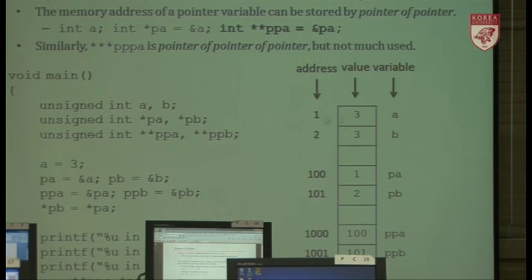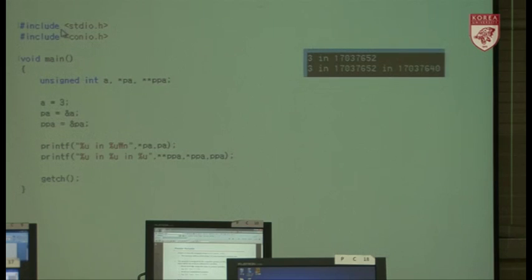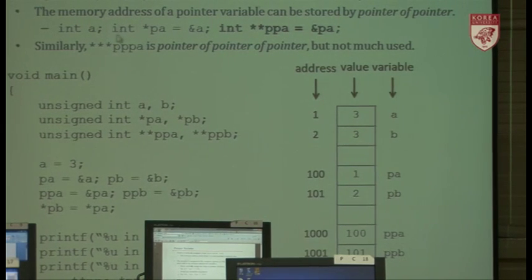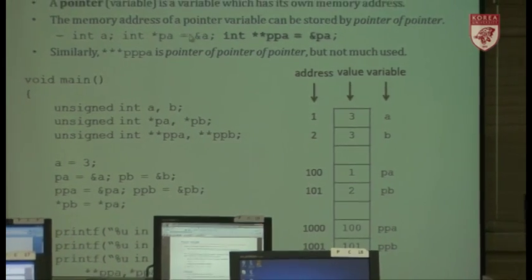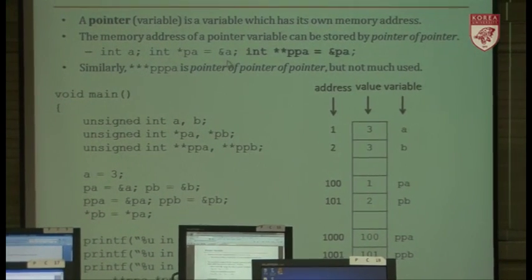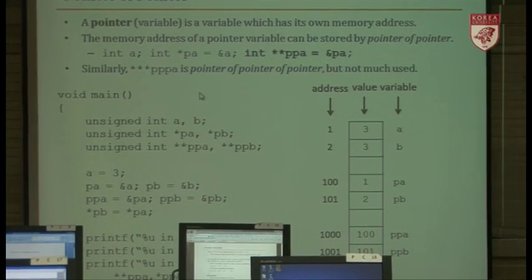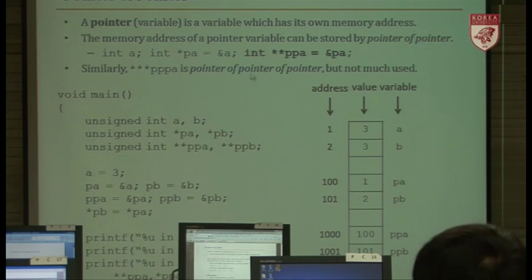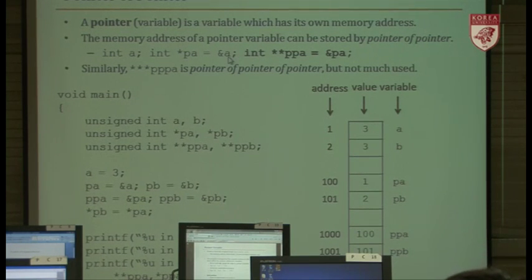In the example, here we declare int a. This is just an integer variable, right? Then we declare int *pa = &a. Then pa is a pointer to integer and its value is the memory address of a.